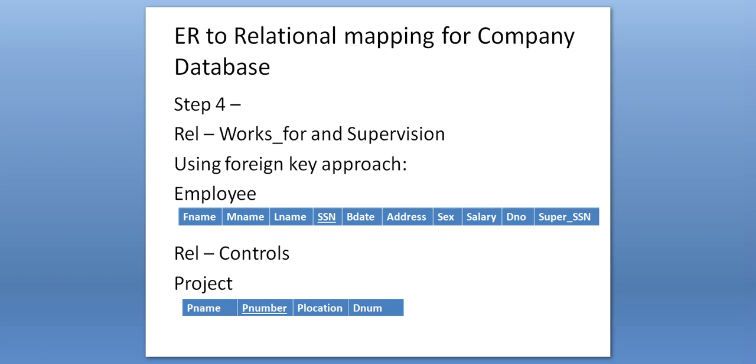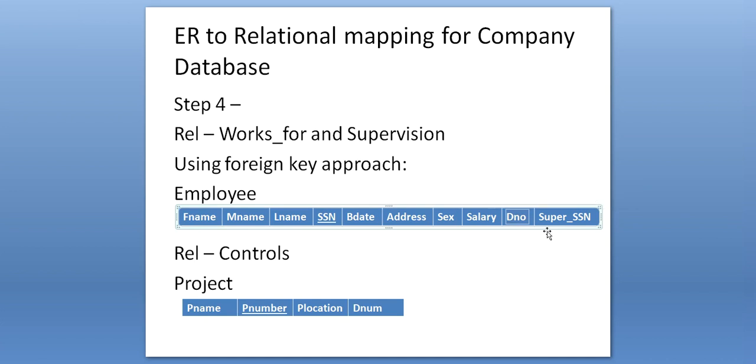That's why we have inserted the foreign key DNO here. It refers to the department number of the department relation, and this foreign key is used to represent the works for relationship type.